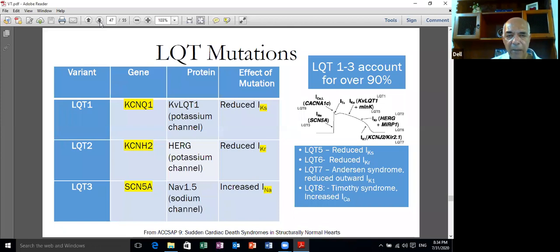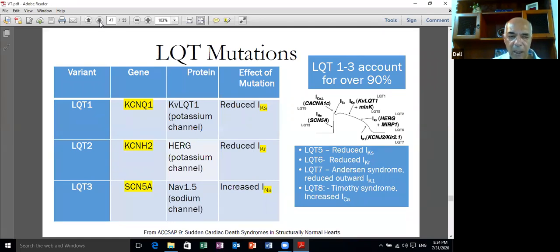You can identify them without genetic studies just by looking at the ECG, characterized by a broad, large T wave. These patients are highly responsive to beta blocker, and the torsades de pointes polymorphic ventricular tachycardia associated with it is usually responsive to beta blockade.